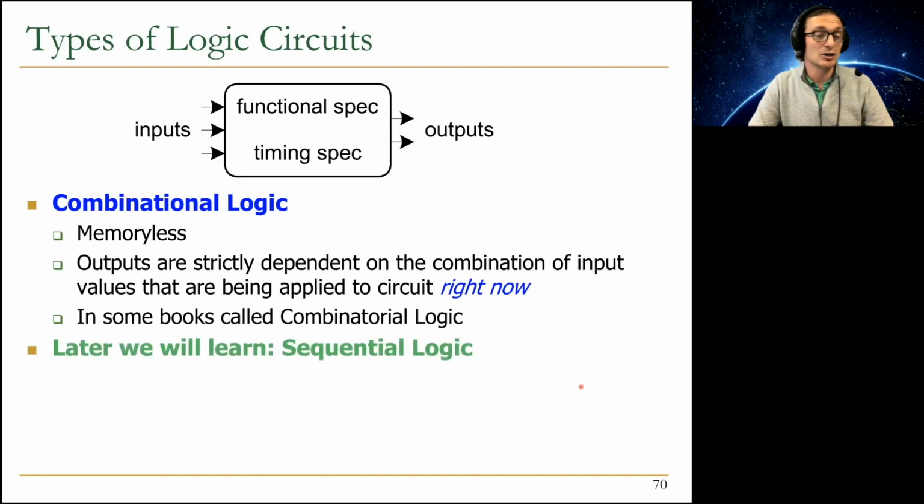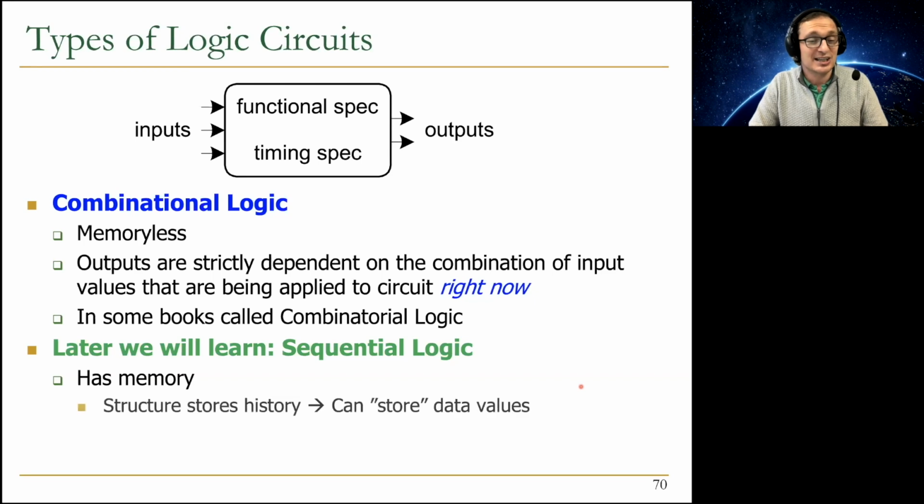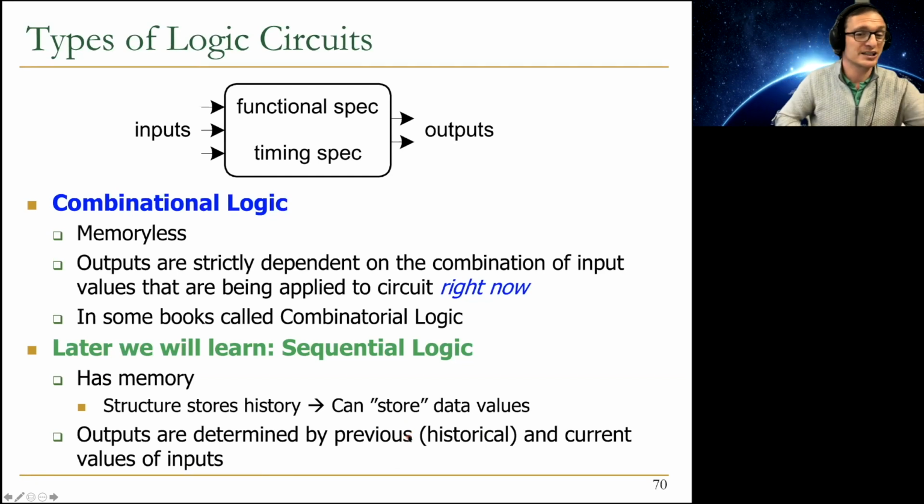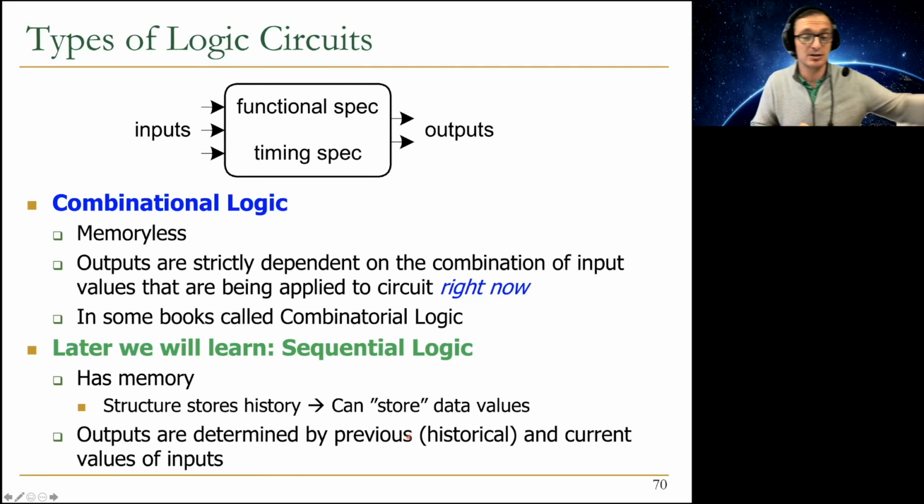So later we will also learn sequential logic, which also has memory. Basically, sequential logic stores history. It can store some data values, so it has some memory elements in it. And outputs are determined by not just current values, like in combinational logic, but also historical values that were stored. Okay, so you have two different types of things that are determining the outputs: previous values and then current input values.